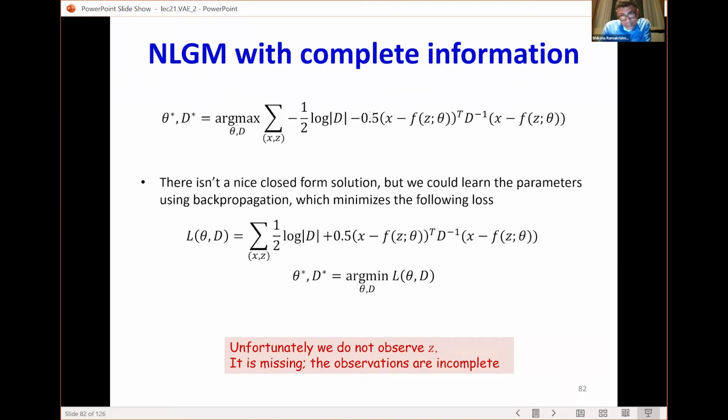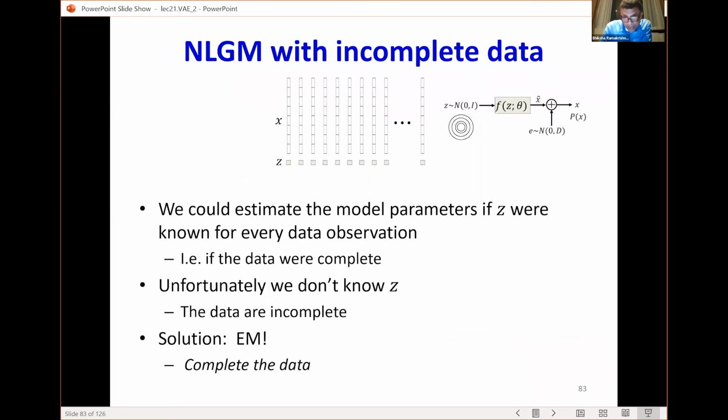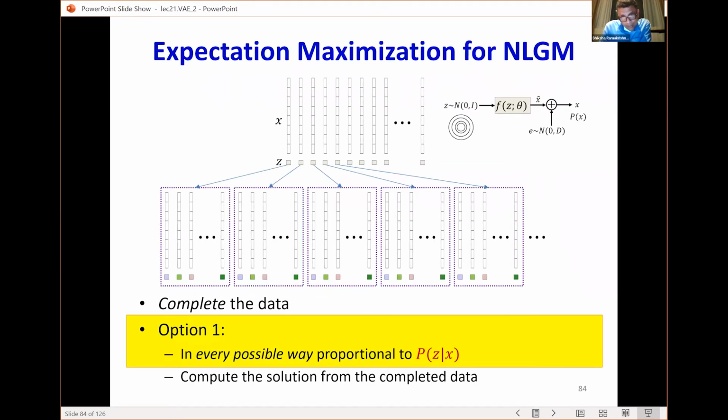You're maximizing this with respect to theta and d. So you can define the negative of this as the loss, and you can minimize this with respect to theta and d, and you can just use backprop for it, right? But you don't know Z. The data are incomplete. So we're going to complete the data.